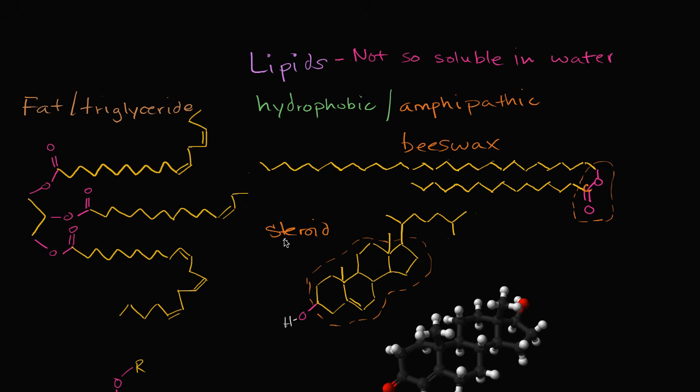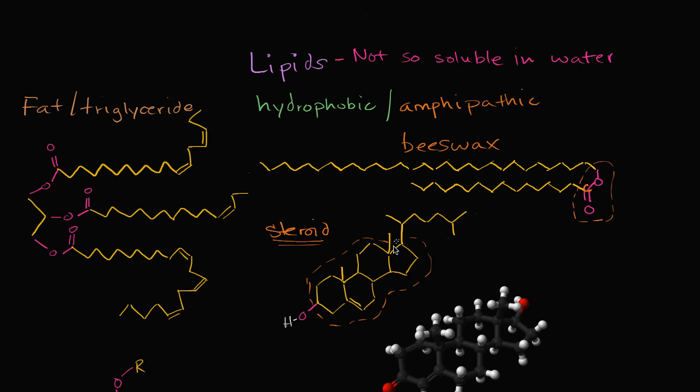And in popular culture, you might think of steroids as something that bodybuilders might inject illegally to pump up their muscles. But steroids, when you think about it in chemical terms, refer to molecules that have this general structure, where they have this 6-carbon ring, this 6-carbon ring, another 6-carbon ring in this orientation, and then another 5-carbon ring.